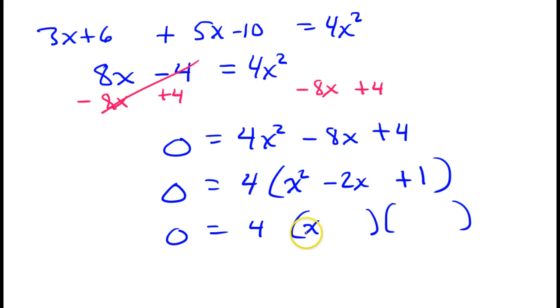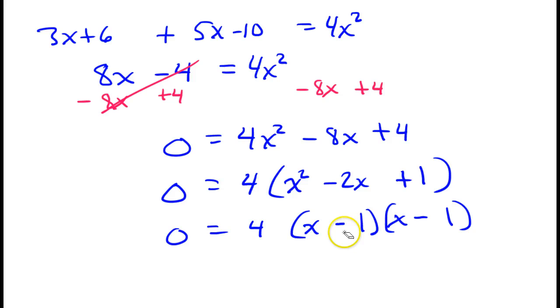X squared will be x times x. 1 would be 1 times 1. And to make negative 2, inner, I have 1x. Outer, I have 1x. To make negative 2x, both of these need to be negative. So negative and negative. Luckily, a negative times negative is positive, so it works out. So there I factored it.